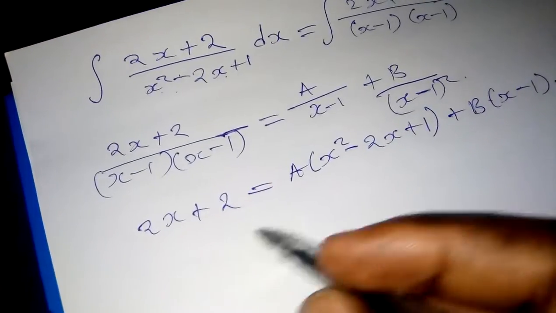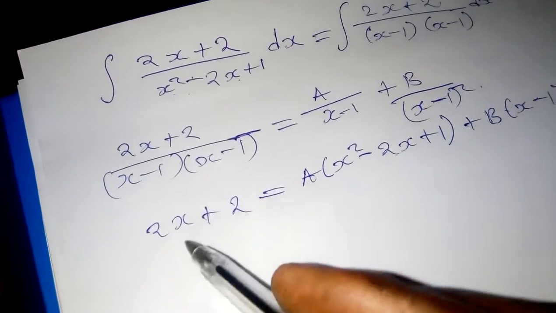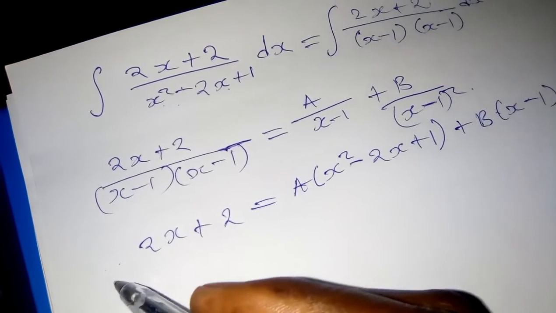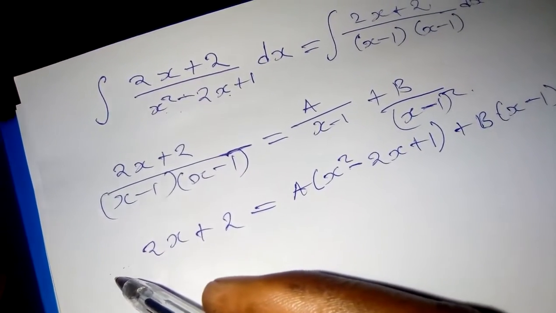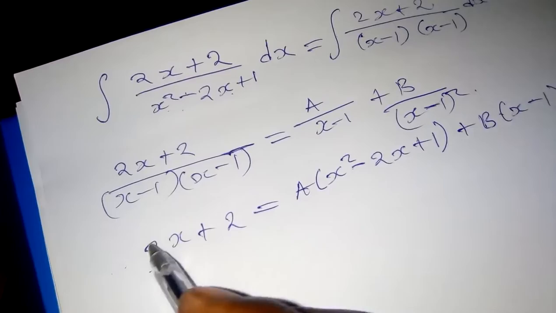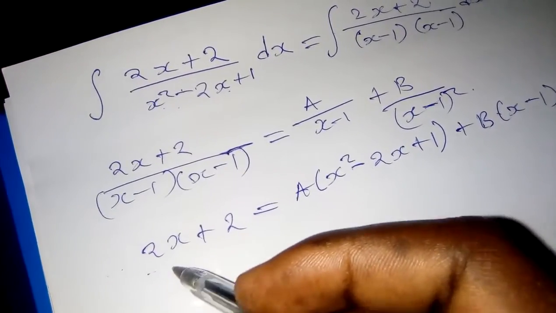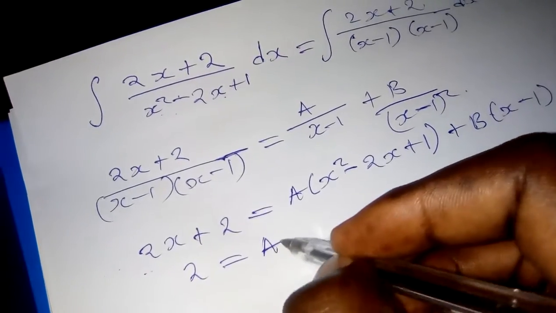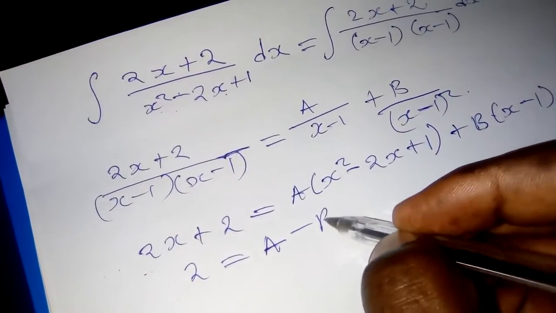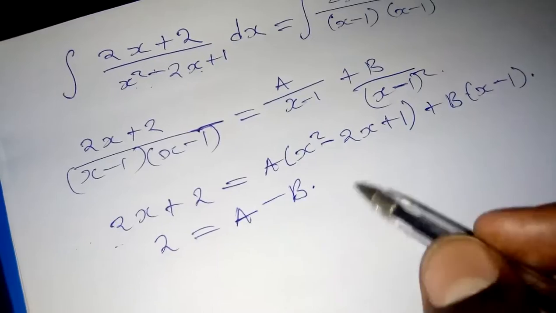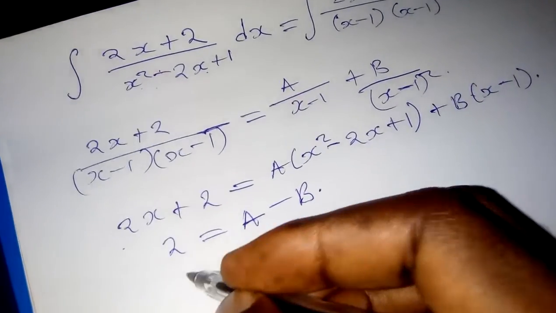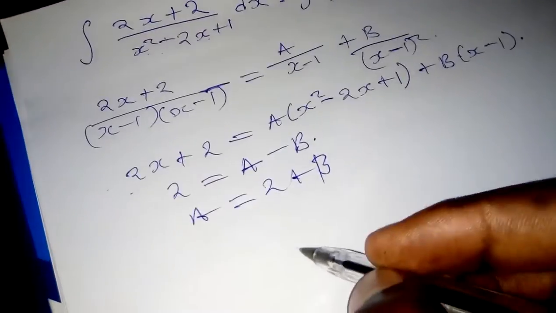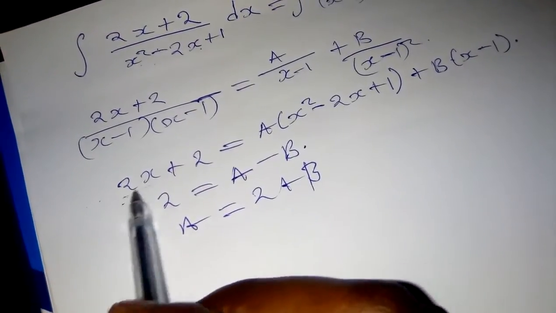So here it is just a matter of now comparing the terms. Let's take first the constants. On this side we have 2, and on this side the constants are A and negative B. In short, A is equal to 2 plus B. Let us also now compare the terms with x.